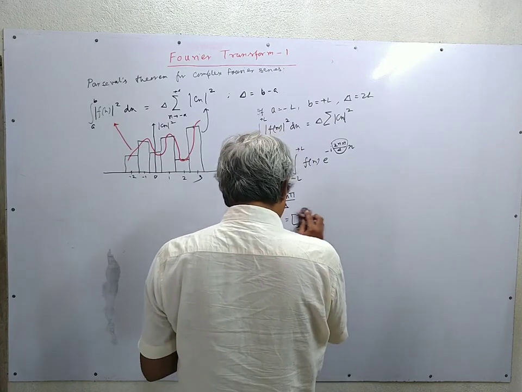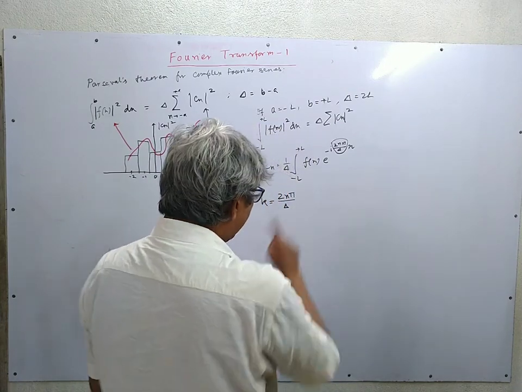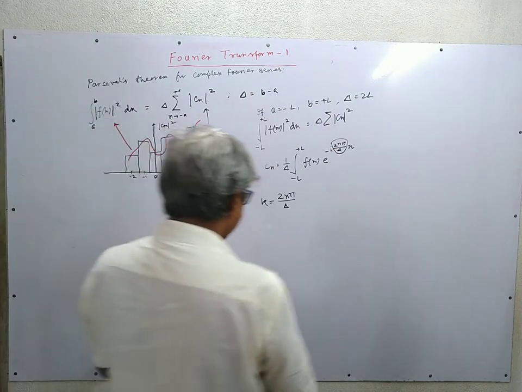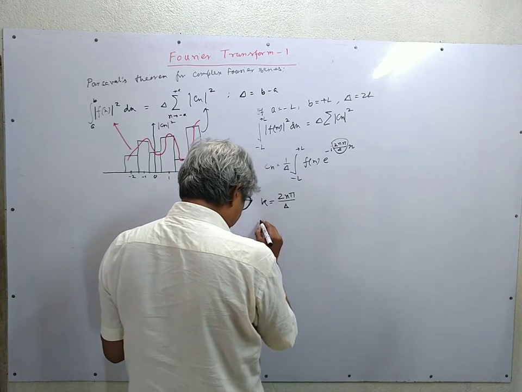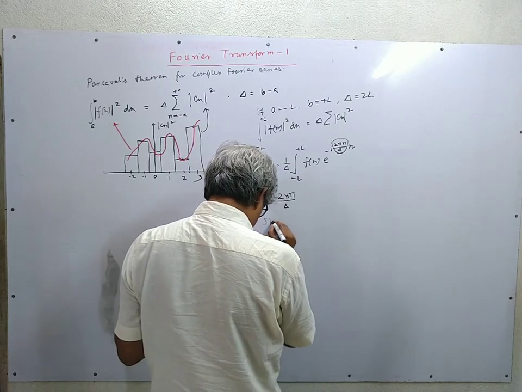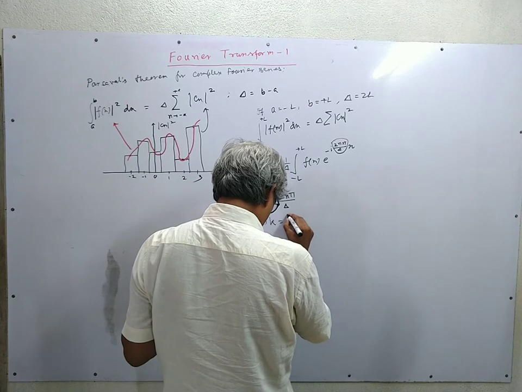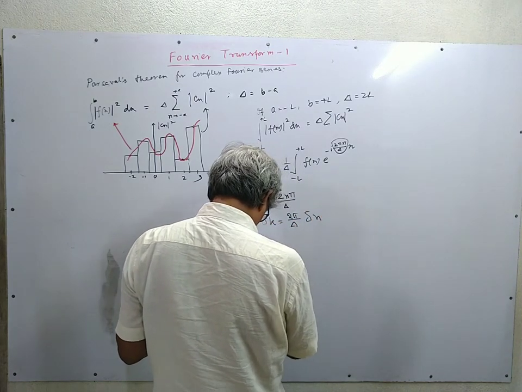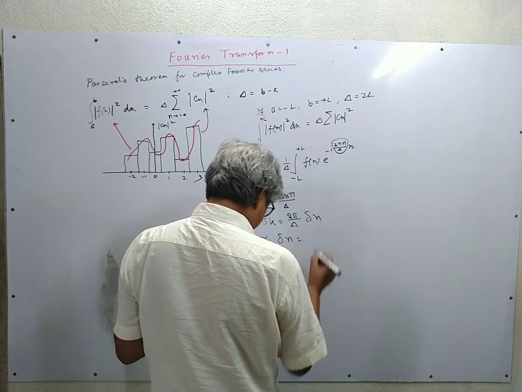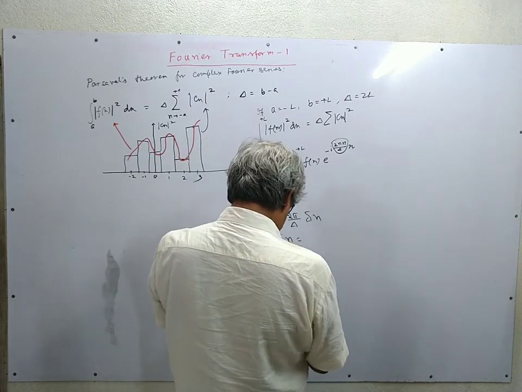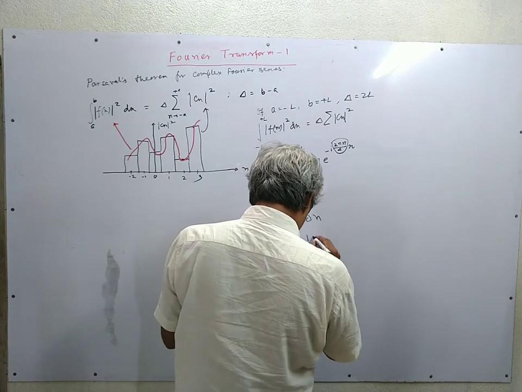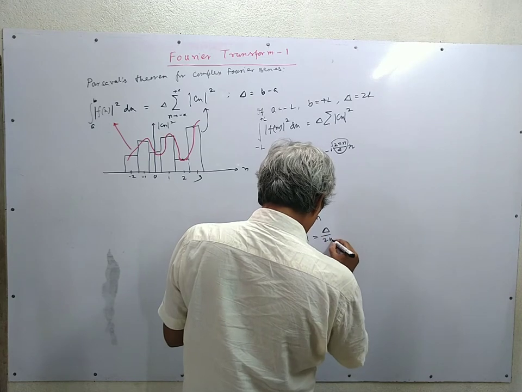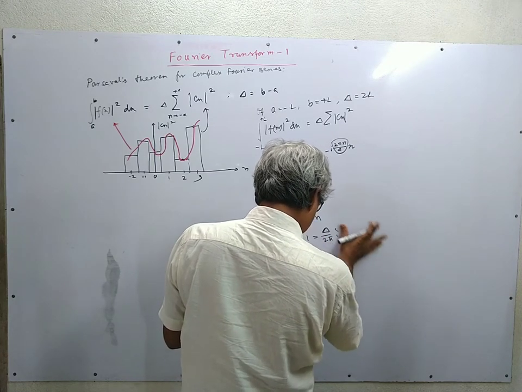Now you note that this n value changes by 1. That is, if we take a differential of this, delta k is equal to 2 pi upon delta times delta n, the change in n is 1 and is equal to delta upon 2 pi times delta k.